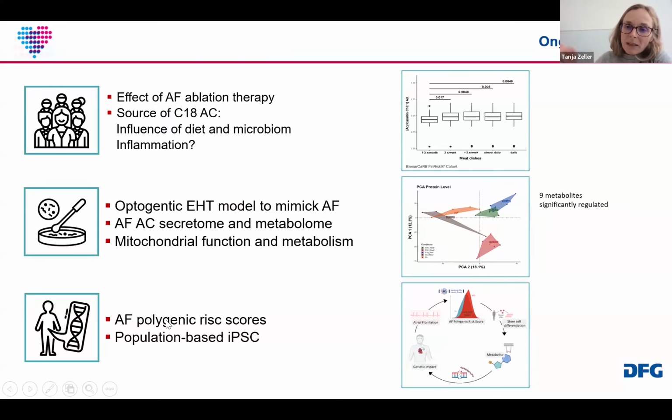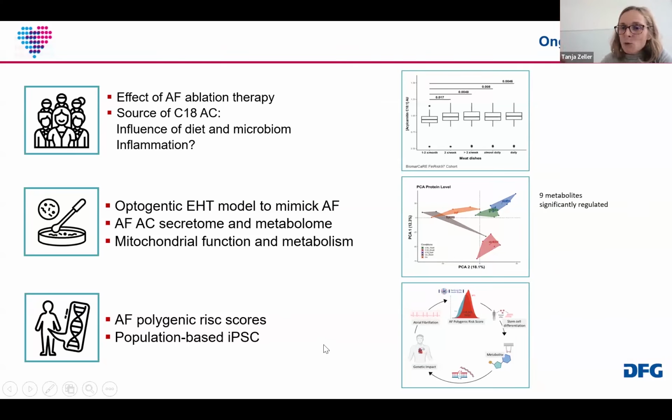And we are also going back to see what the genetic risk of higher C18 is. By that, we want to establish a model of high genetic and low genetic atrial fibrillation risk, take these subjects and generate engineered heart tissues or induced pluripotent stem cells from subjects with a high and a low genetic risk, and then see what happens if we treat them with the C18.